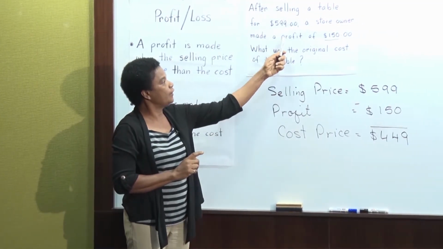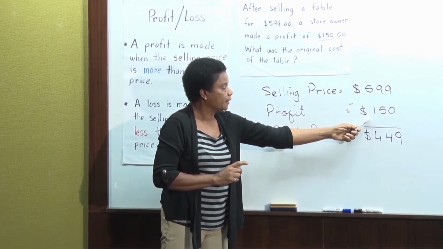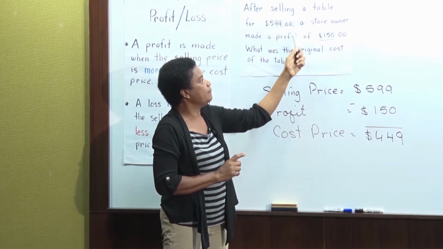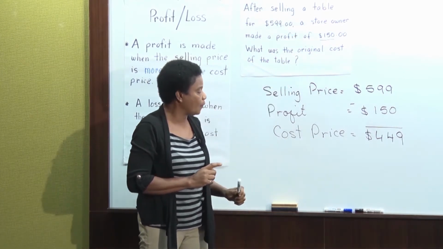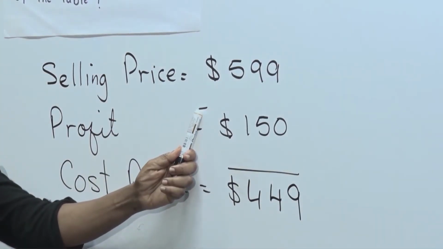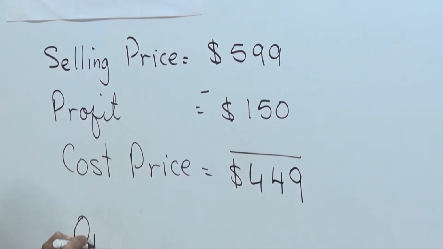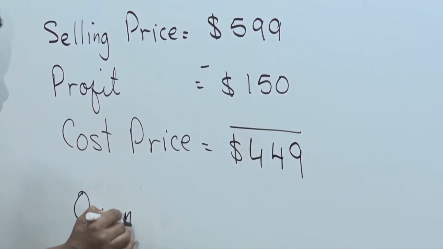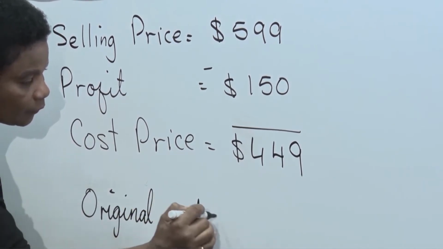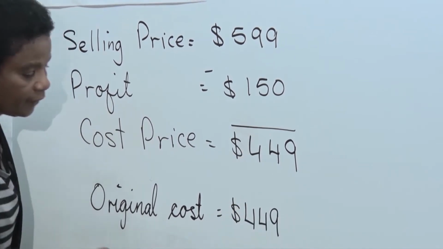Not because you see the word profit, you will just go and add 150. The question says, after he sold the table, he made a profit. Therefore, the cost price had to be less, so the operation was subtraction. So our answer, the original cost was $449.